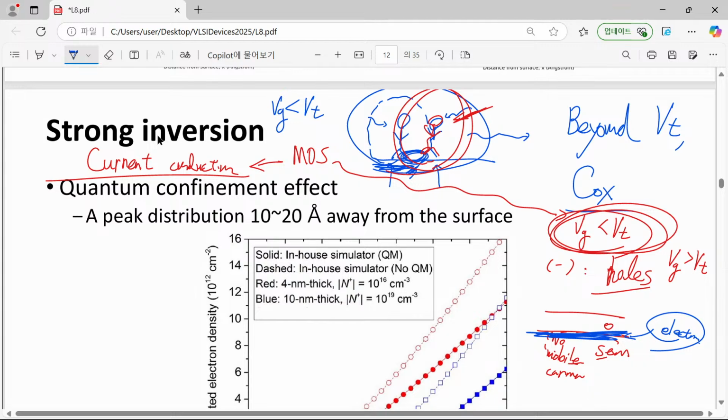So once again, since we have two different mechanisms, we can separate them, and fortunately one of them is not very good for current conduction and we love it. Sometimes turning the device off is more important than turning the device on. So that's the reason why we can have a quite good off current condition. We can reduce the amount of current when we do not want to turn this transistor on.